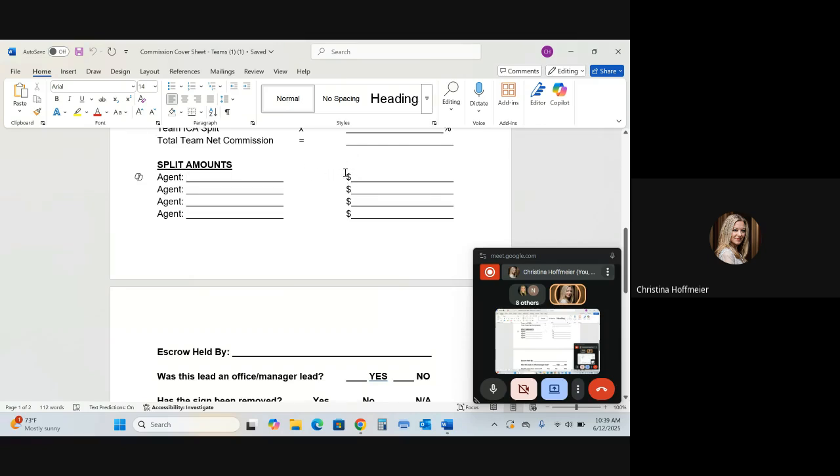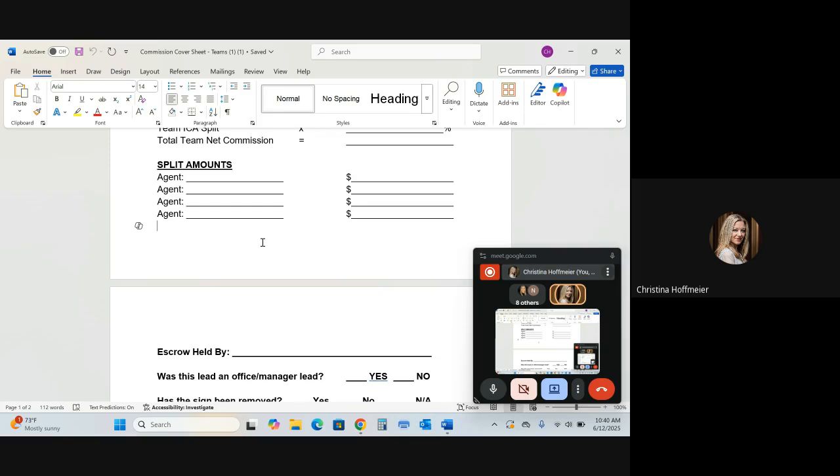Just put Joffrey and 1,000. If Nikki is getting paid $500 from this deal, put Nikki $500. If Jessica is getting paid $150 from this deal, just put Jessica $150. It doesn't matter what percentage. It doesn't matter what they're being paid for.